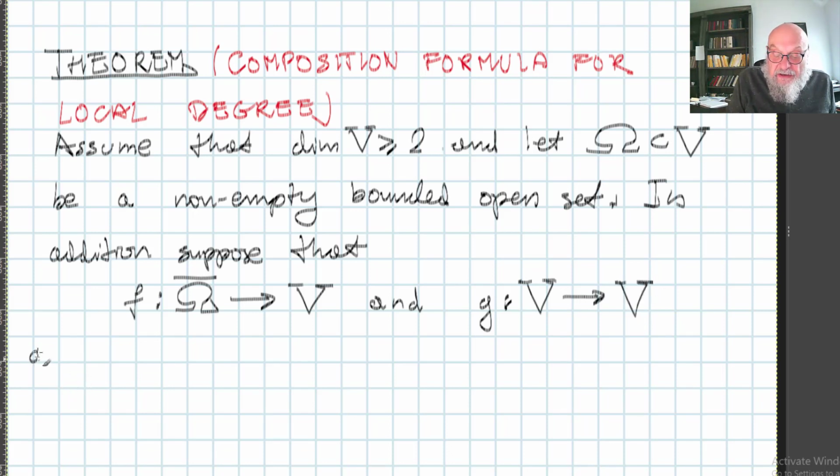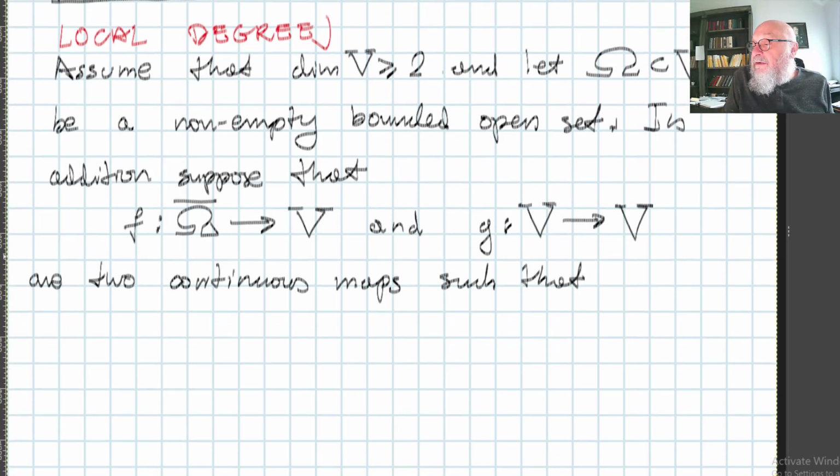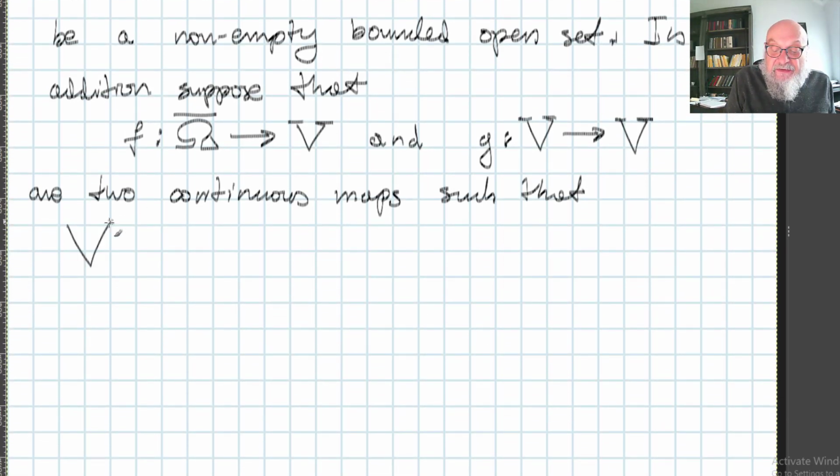So suppose that F and G are two continuous maps such that for every x belonging to omega, G(F(x)) is different than 0.